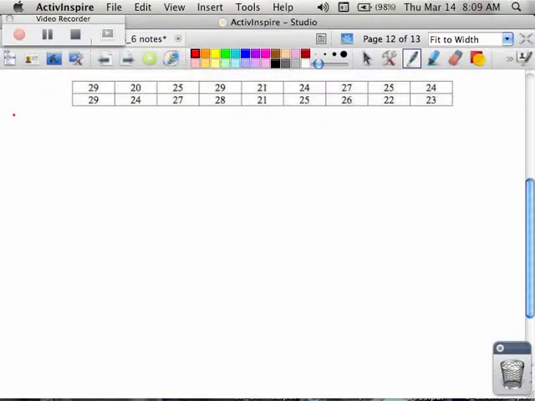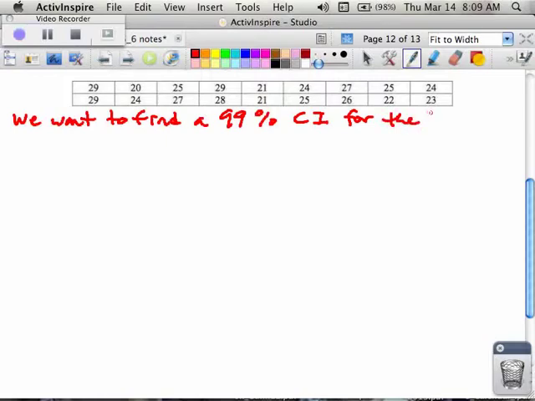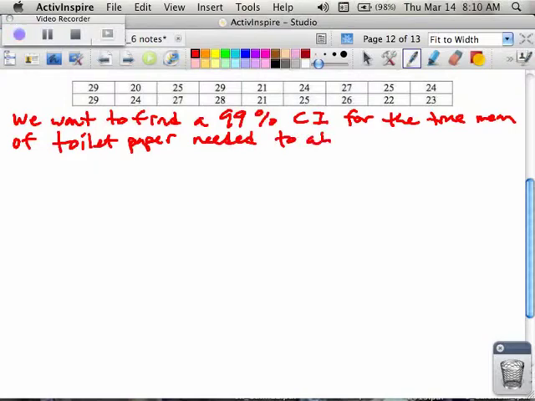So, we want to find a 99% confidence interval for the true, and this time it's mean, not proportion, mean of toilet paper needed to absorb a quarter cup of water.